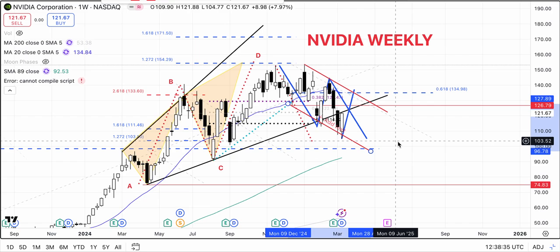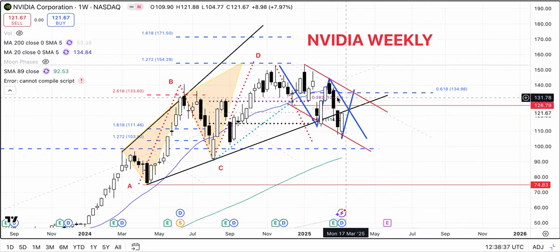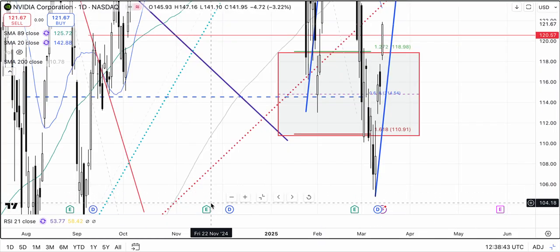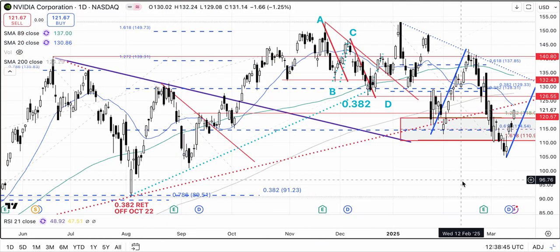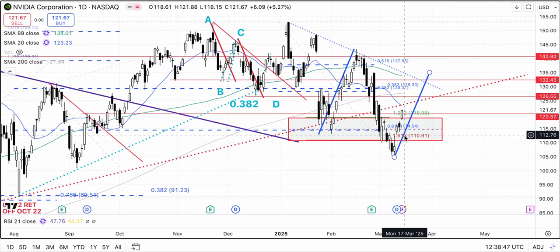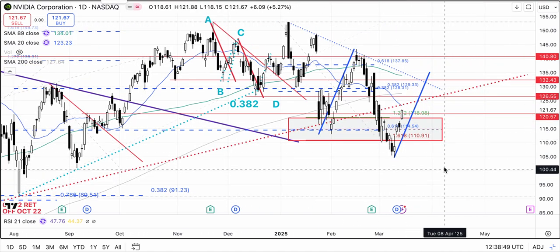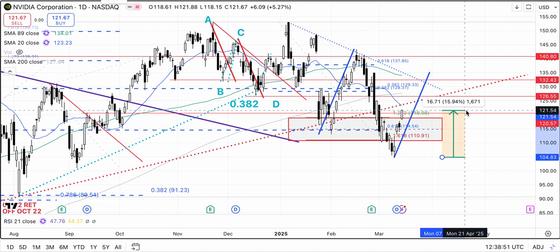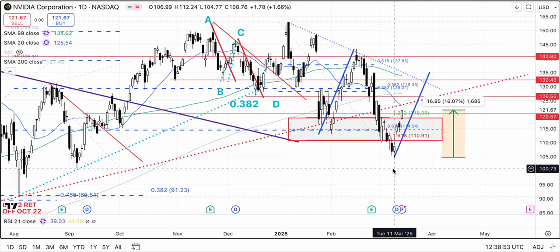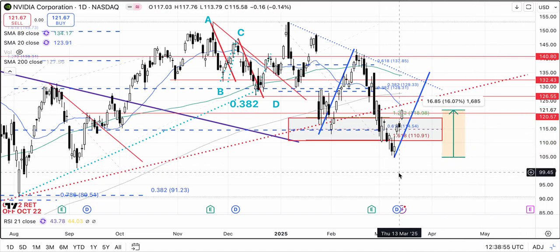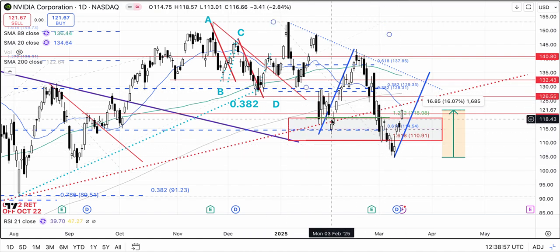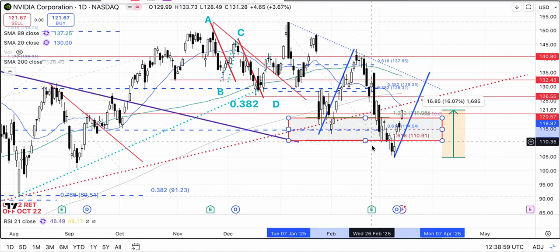So market moving in a descending kind of channel formation. Getting above this is bullish for NVIDIA, but cautiously bullish, at least in the shorter term, because look, fantastic price action. Thus far, this market has gone up roughly 16% since this bottom came in, and the bottom was right into this box that we had drawn.